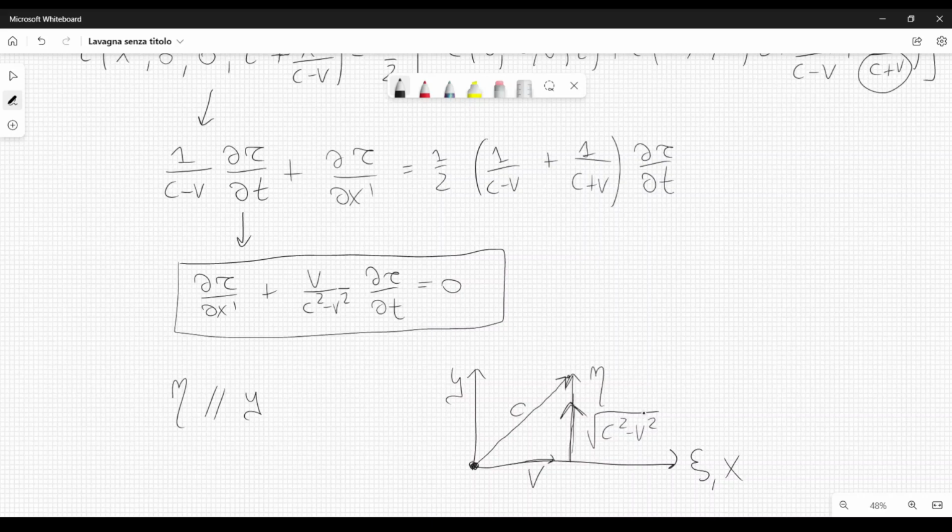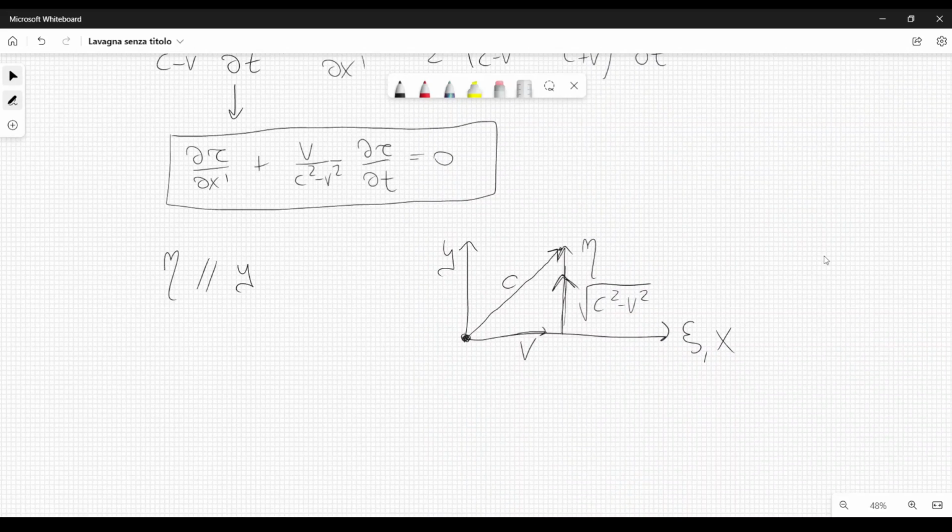Since the points on the y-axis do not move along y, if we watch them from the moving system, it's easy to convince ourselves that we must have dτ/dy equal to 0, according to very similar considerations that led us to this equation here.